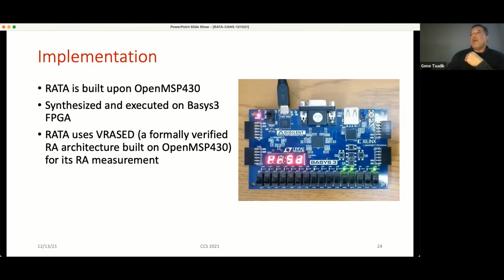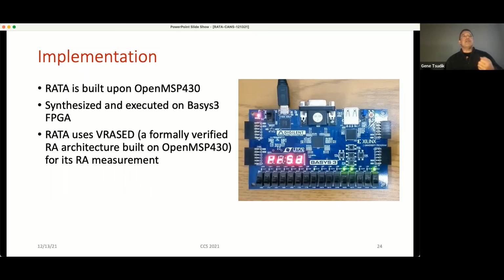And RATA by itself isn't viable without attestation. So one thing I maybe should have made a little more clear is that RATA allows you to verify the state of the device first based on the value of LMT. So the verifier, when it gets back the attestation token, will see whether the LMT has been modified, right?